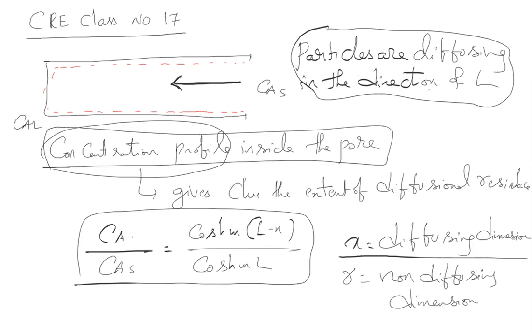So this is what we have done. Can you take one minute and see what we did yesterday? We started with catalytic reactions. We want to know the effect of the catalyst on reactor design.